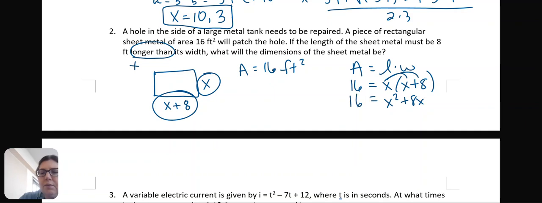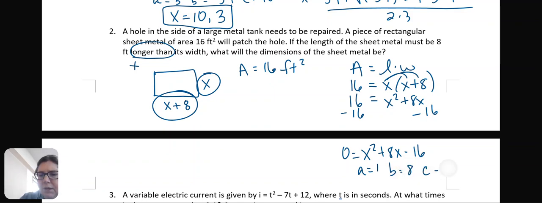And then we can't solve it unless it's equal to 0. So I'm going to minus 16. So 0 equals x squared plus 8x minus 16. So A is 1, B is 8, C is negative 16.